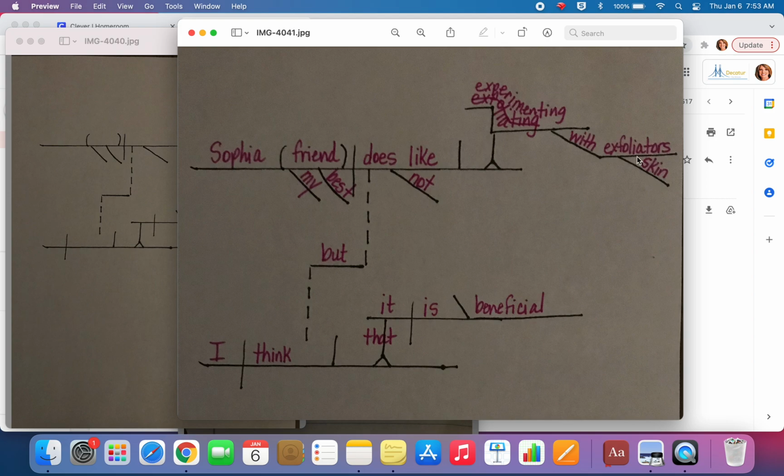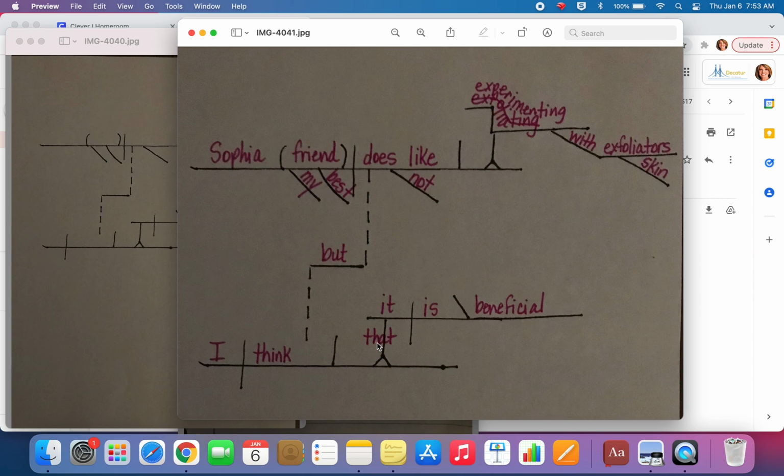Skin modifies exfoliators. Now moving down, you have your conjunction in the middle, joining these 2 clauses, and then you're going to map out or diagram your second clause. I is your subject, think is your verb, and then your direct object, again, is that it is beneficial.